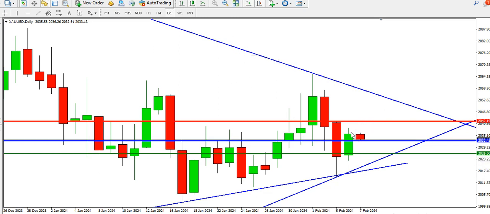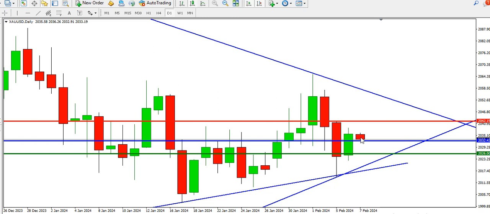Apart from the pivot analysis, we can see the candlestick pattern. We can see the structure is ranging, but we are having a downward move within the range, and price might go up to test the descending trend line for the range to continue.